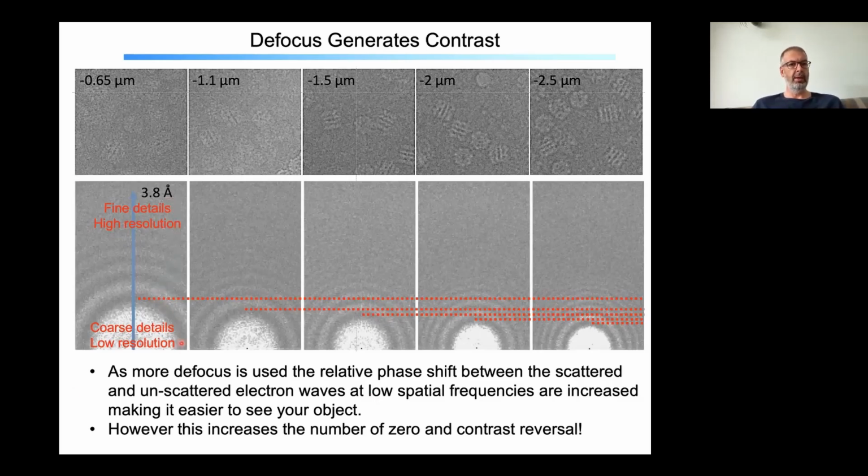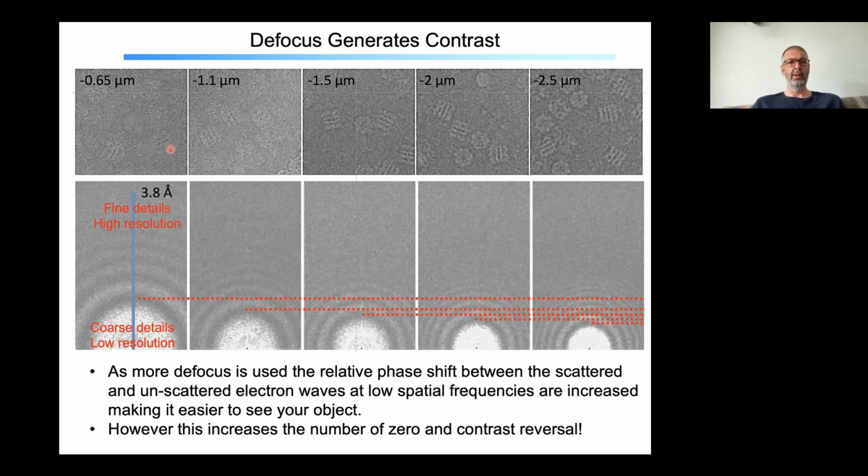If we have a look at these effects, you've got the real space images at the top, and then the Fourier transforms below. So this is in frequency space. You go from coarse details at the origin to fine details out near the edge of the box, and that corresponds to low to high resolution. Here, this is quite close to focus, and it's quite difficult for us to see our objects.